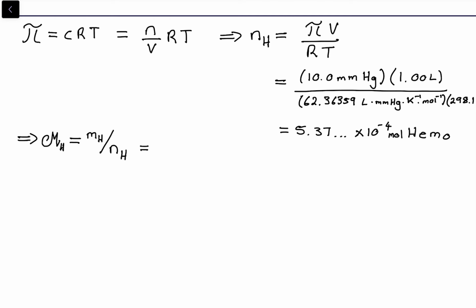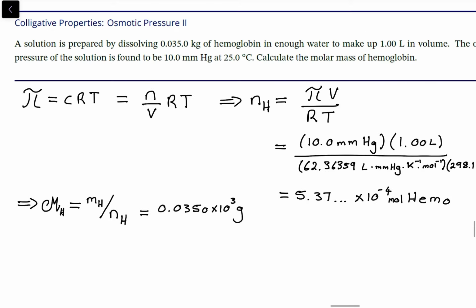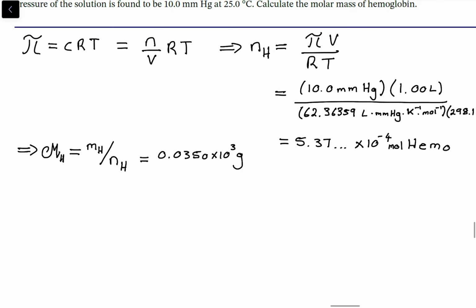So the mass is 0.0350 multiplied by 10 to the power 3 gram, because it's given in kilogram, divided by this 5.37 times 10 to the negative 4 mole. And that gives us a value of 65,103 significant figures, gram per mole.